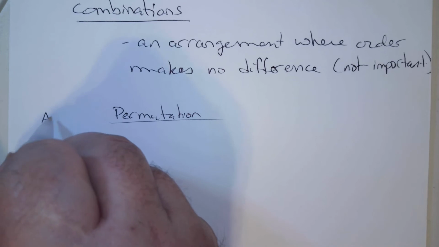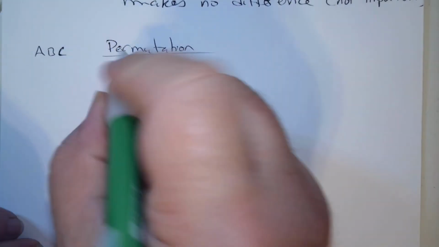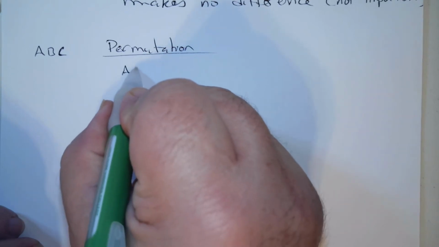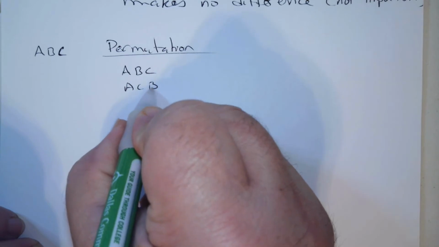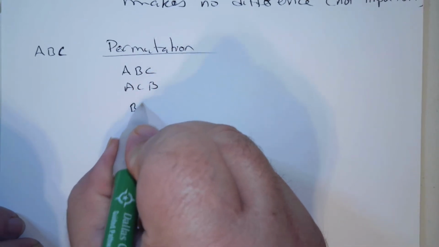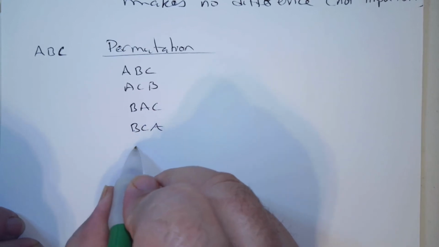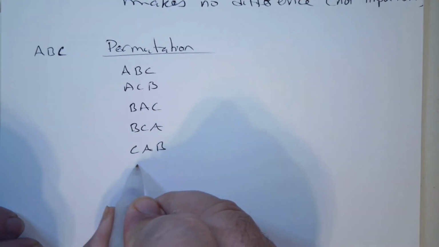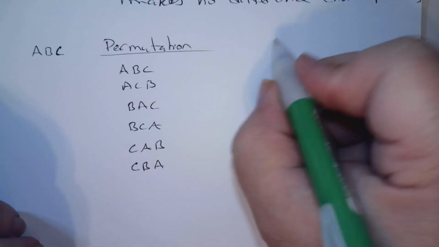Let's look at the letters A, B, C. A, B, C, A, C, B, B, A, C, B, C, A, C, A, B, C, B, A. These are all different in permutations.